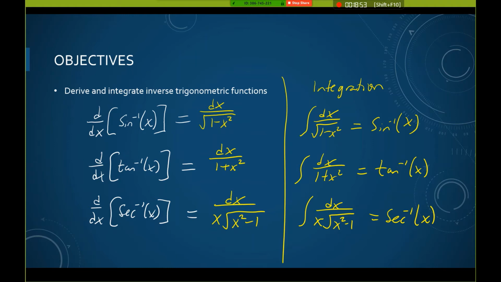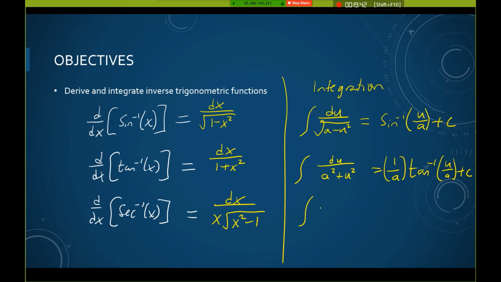Okay, if I wanted to integrate du over root a minus u squared, I would get the arc sine of u over a plus c. If I wanted to integrate du over a squared plus u squared, I would get 1 over a times the arctangent of u over a plus c.